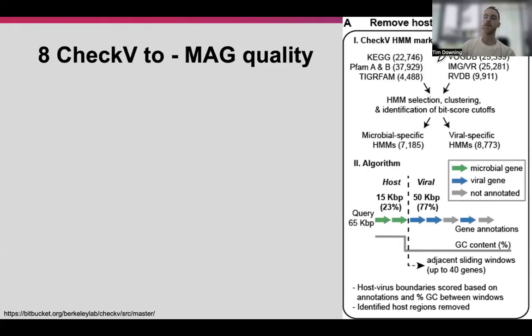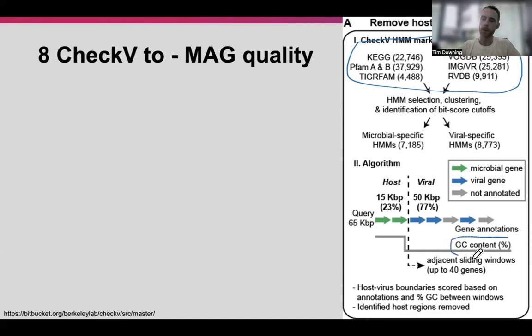What this does is take a large pool of existing data, using hidden Markov models, HMMs, to cluster and assess the contigs that are submitted, to identify ones that are viral specific or host, and to what extent they're integrated on the same contig, which is one of the key things that we'll look at.